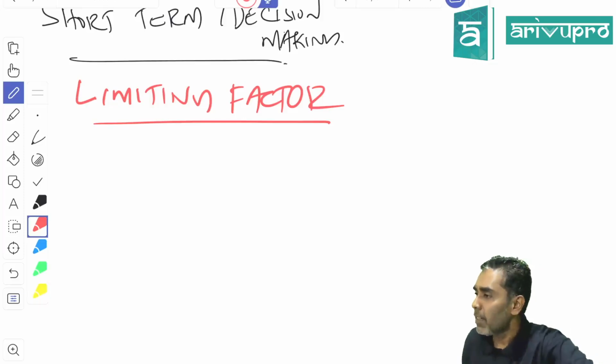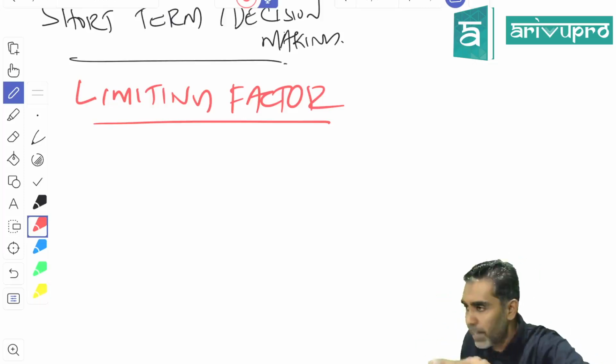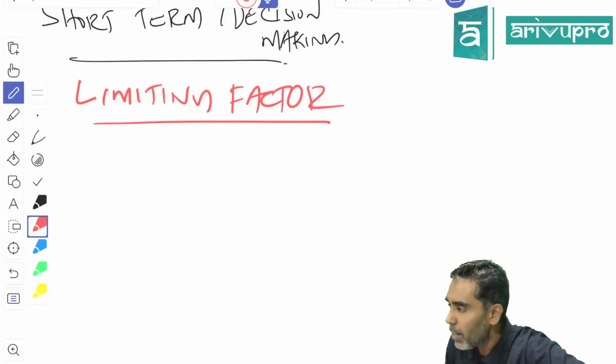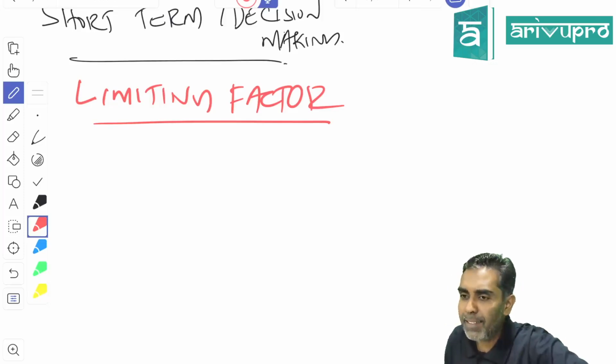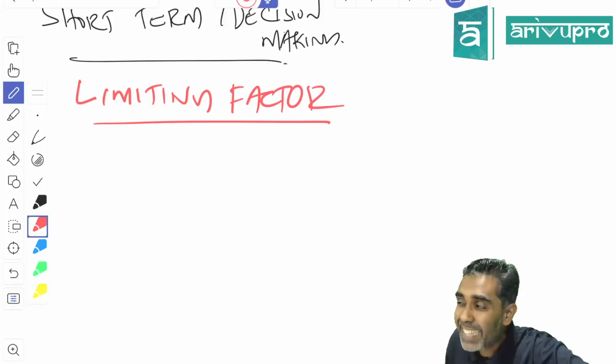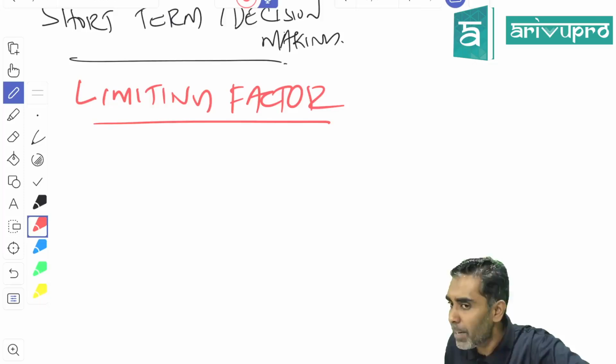Limiting factor is a resource that restricts the profit maximization of an organization. Excuse me, I have given it in singular because we are going to talk about a single limiting factor.